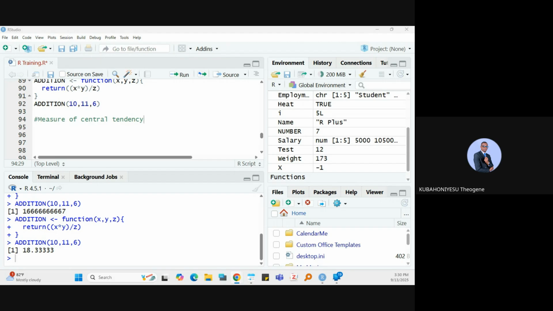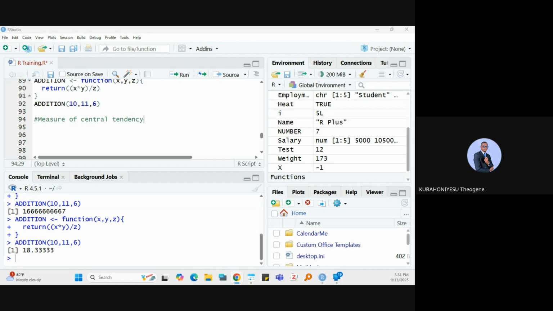You are also aware of what we call the measures of variability. We have variation, variance.